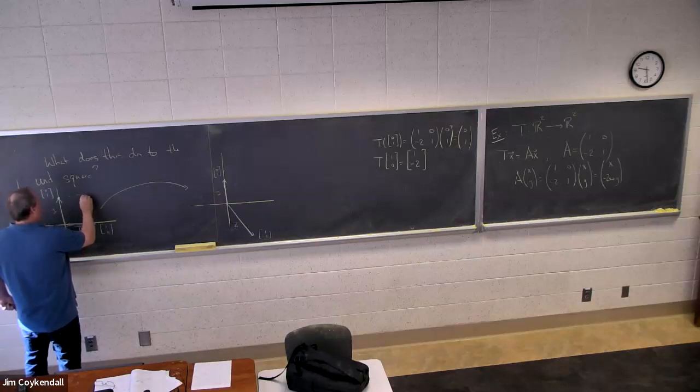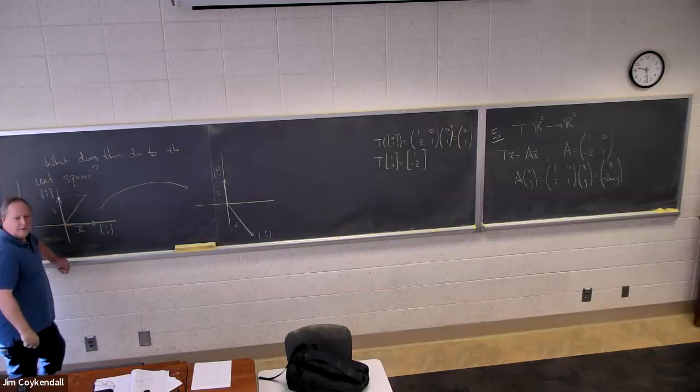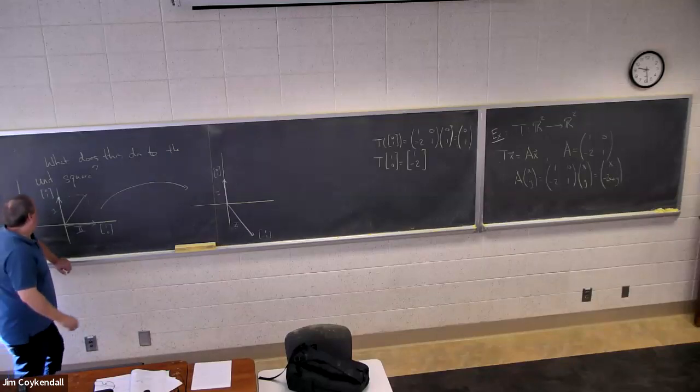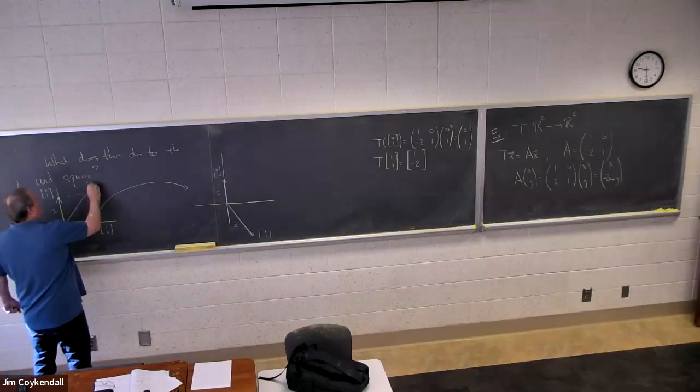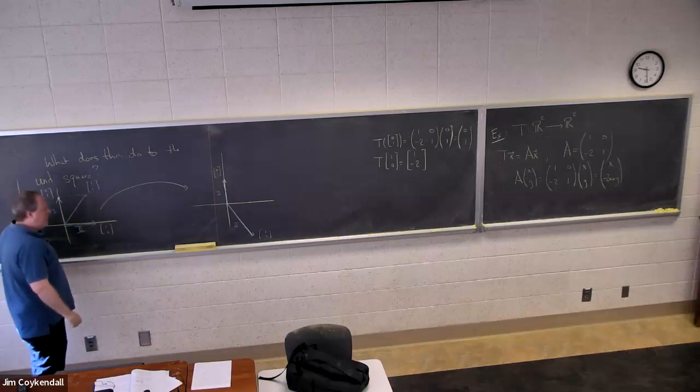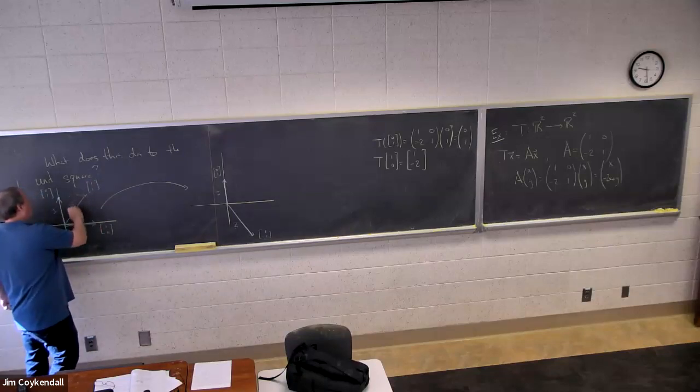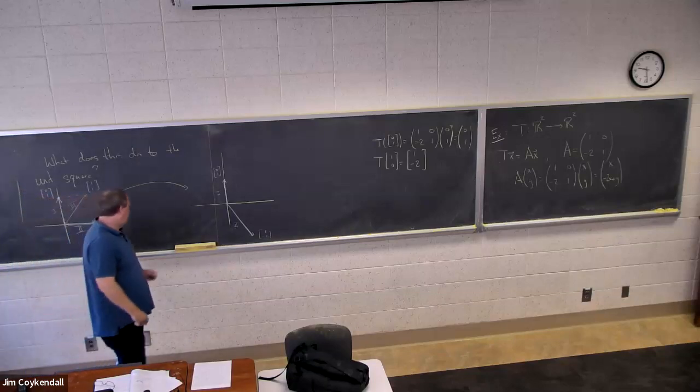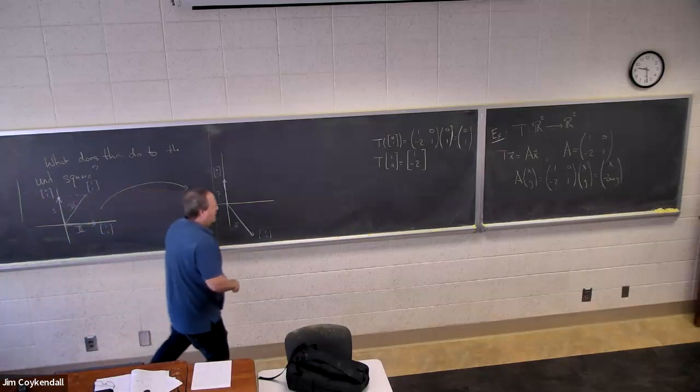By the way, what's this vector right here that I've drawn, the diagonal? What's that vector? Correct. This is the vector 1, 1. I'm going to call this Roman numeral 3. Let's see what happens to that.